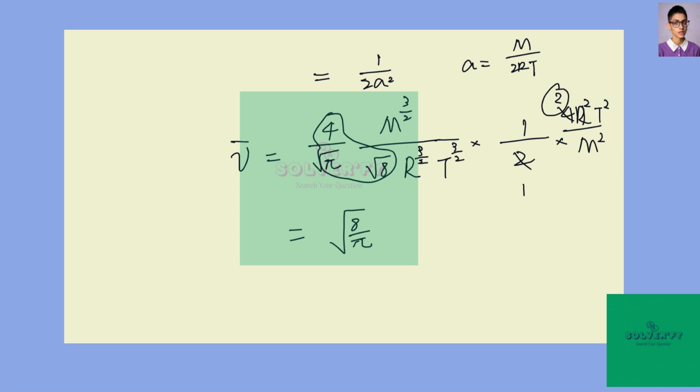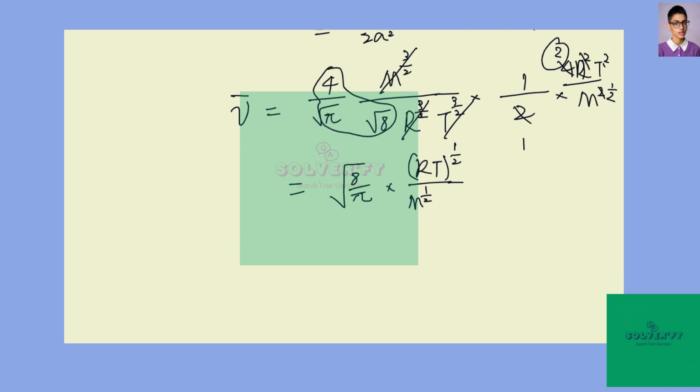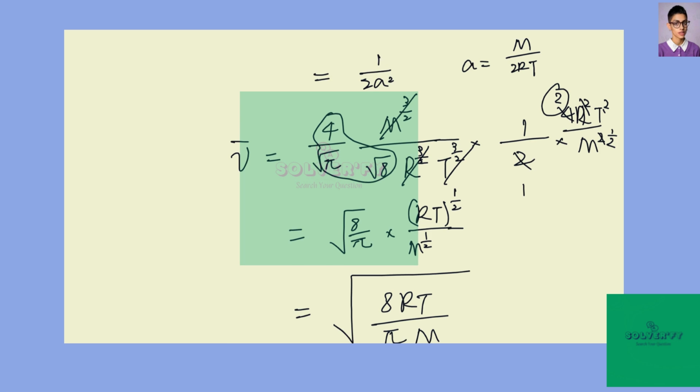Here we cancel m, and we have m to the power 1/2 here, and cancel r, we have r and t, we have RT to the power 1/2, and finally we have the square root of 8RT divided by pi m. This is what we want.